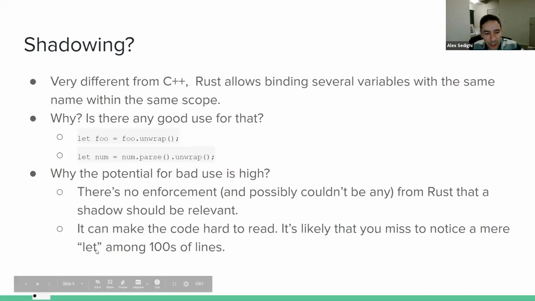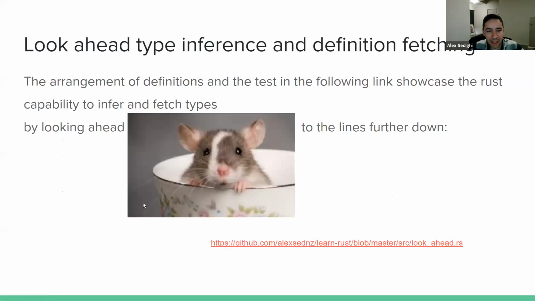Sometimes you miss this little let among hundreds of lines of code, and you get confused about how something happened, and then after a while you realize, oh my god, this is a different variable. It has a different change because there was a let for that variable name in a line.